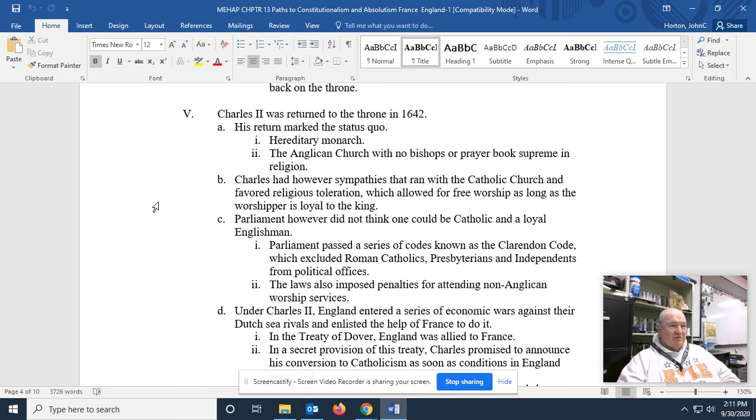Anyway, so Charles II himself, there was this movie. The movie was called Restoration, which, by the way, when Charles II was brought to the throne, this was called the Restoration period, the restoration of the monarchy. In fact, the film was called Restoration, and don't you dare try to go watch it.